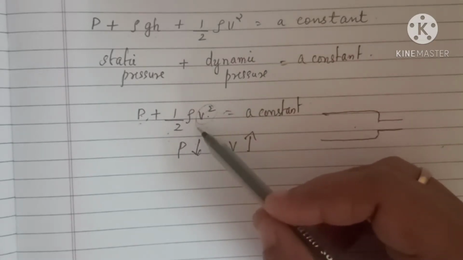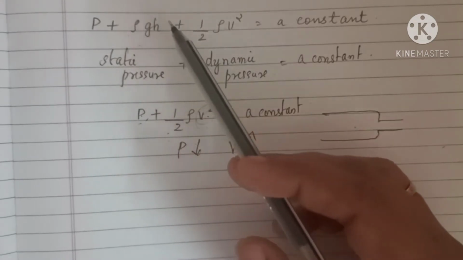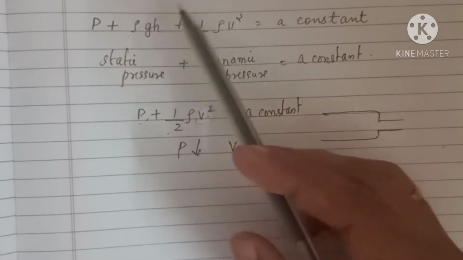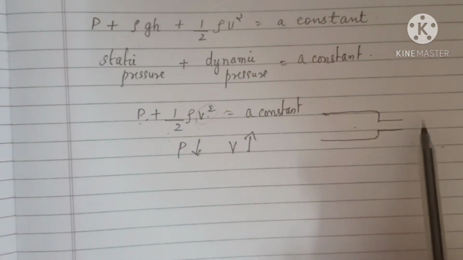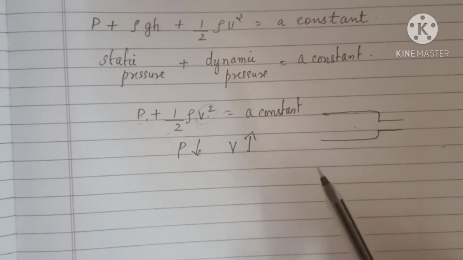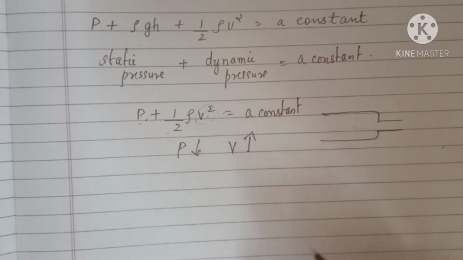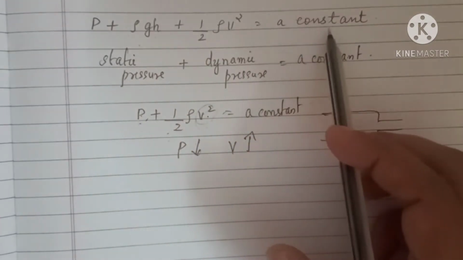And how do we get this equation? By neglecting this term. That's the case where we are taking the pipe at the horizontal level. The flow is at the horizontal level only, and it does not have a height h from the reference line. When we consider the vertical direction, we have to take the height from the ground level, but in such a case we are not mentioning the height, so this term will turn to 0 and P plus half rho v squared is a constant.